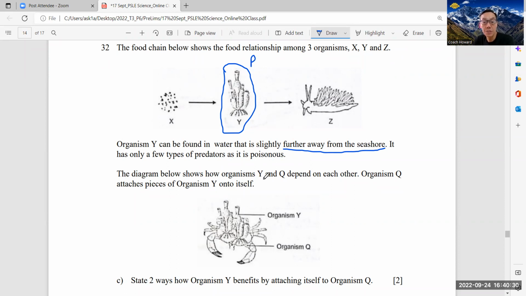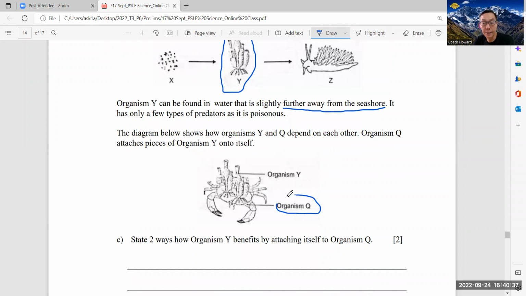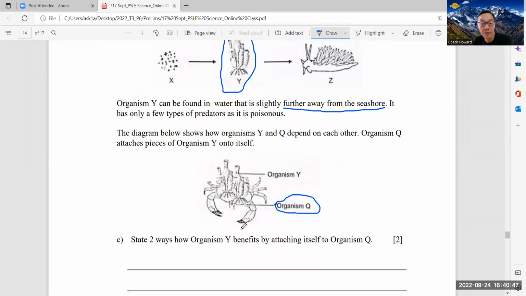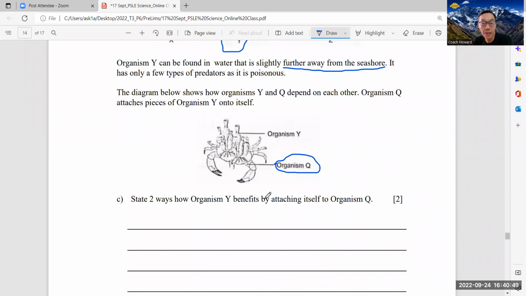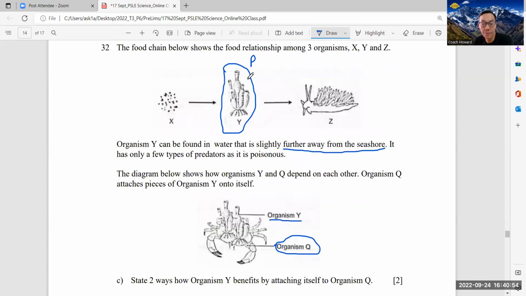The diagram below shows how organism Y and Q depend on each other. Organism Q looks like a crab, right? But organism Y, which is poisonous, lives on the upper shell of organism Q. The question states two ways how organism Y, this poisonous barnacle or something like that, benefits by attaching itself to organism Q. If it doesn't attach, it is localized in one environment.